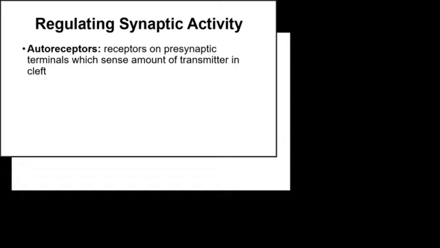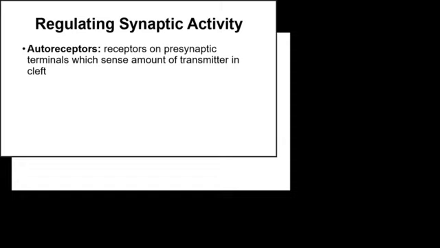These can tell the presynaptic neurons if there's already enough of that neurotransmitter, we've already hit the levels that we need to hit, you can slow down release. Or maybe there isn't enough, you should increase production. So these are autoreceptors, sort of like they're regulating what's going on within that synapse.